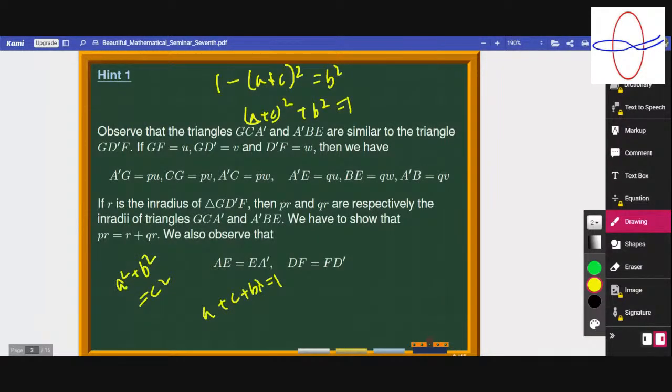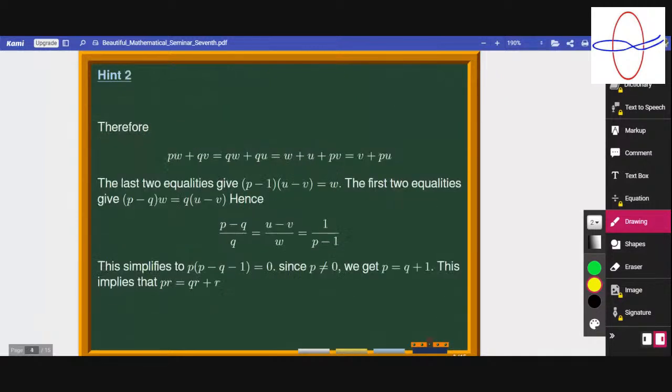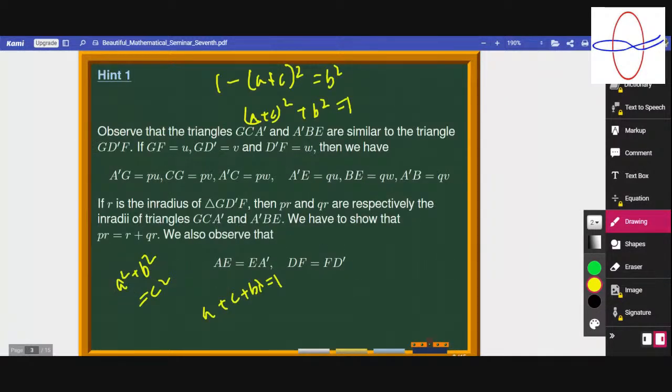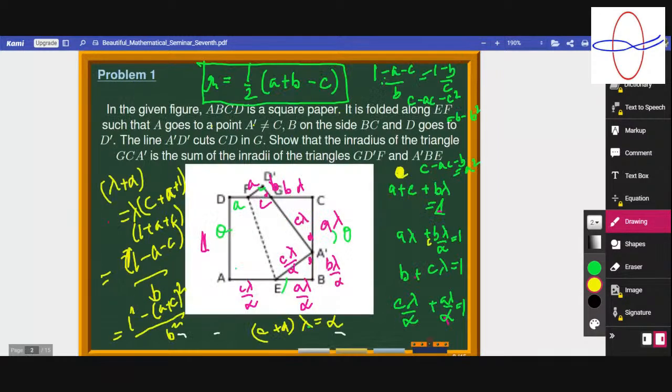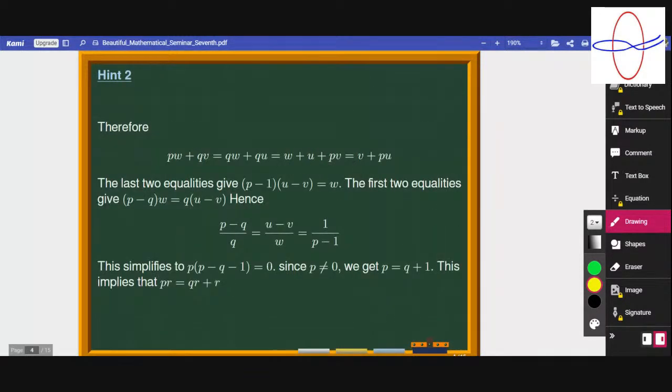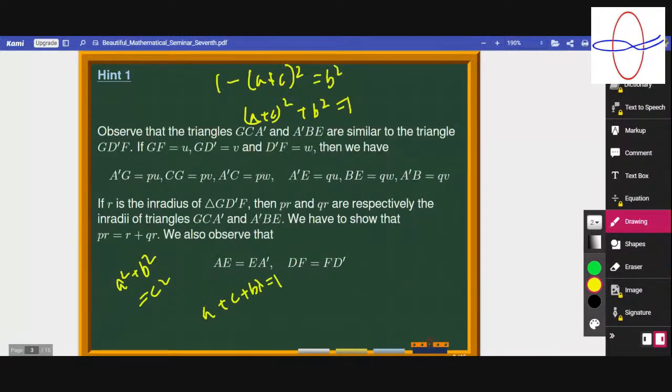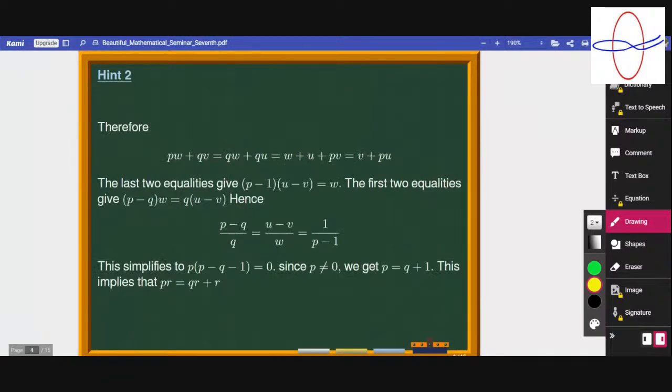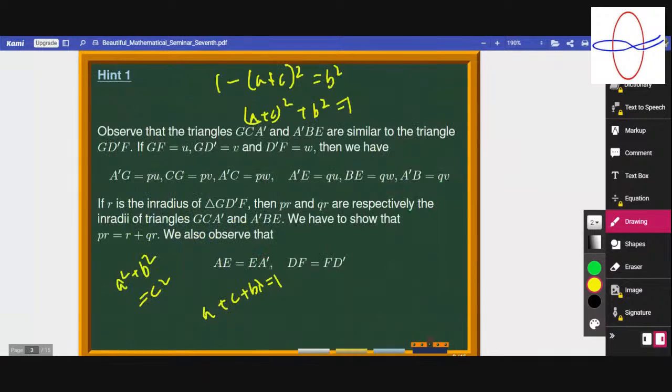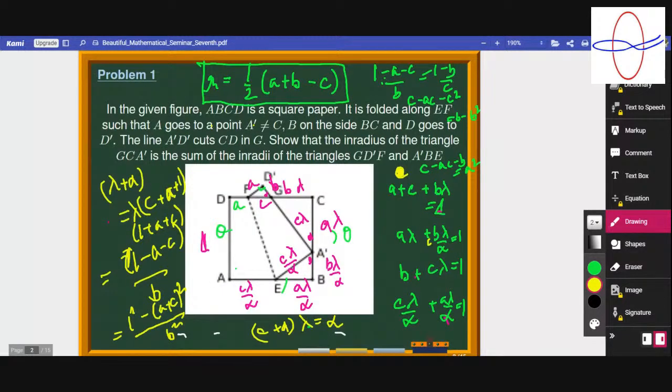PW plus QV is equal to QW plus QU. Oh, I see.